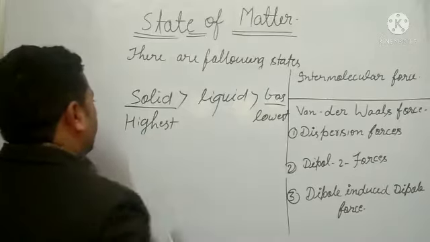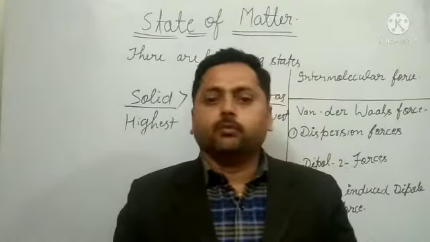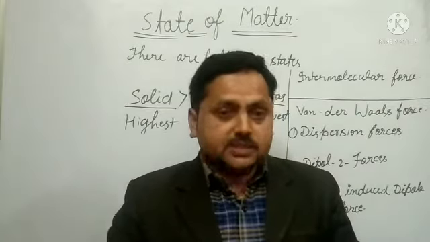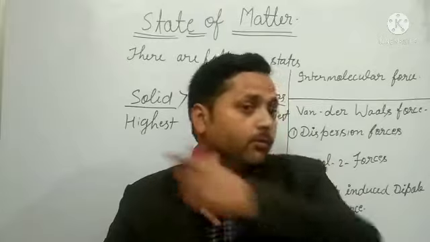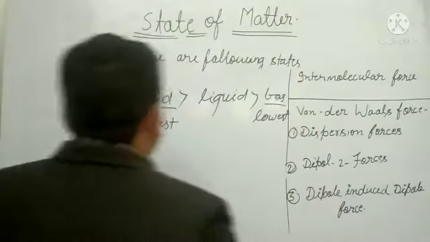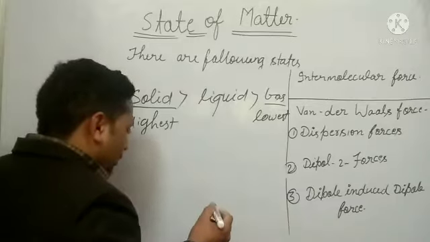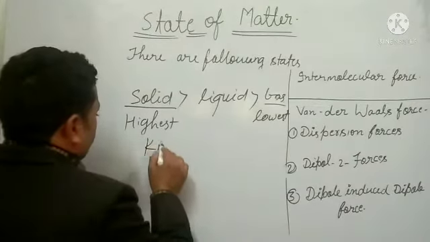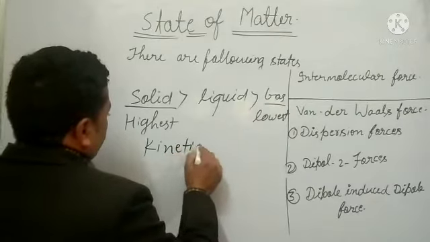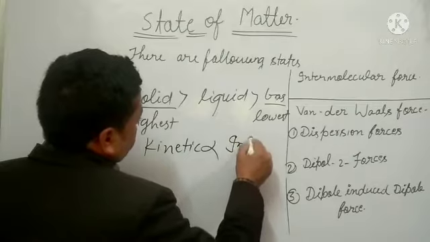You know that in all states of matter particles are free to move, but in the solid state they just vibrate, in liquid they flow, and in gas they move freely. So if we see internuclear distance, intermolecular attraction forces and kinetic energy, we see the particles' kinetic energy is directly related to these forces.